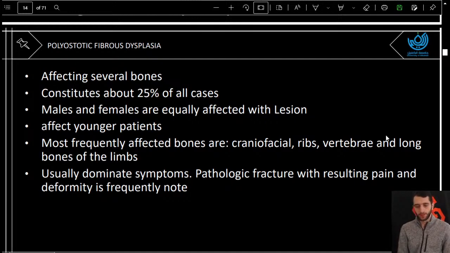Pain, and we talked, unlike monostotic fibrous dysplasia, pain and deformity of the bone.